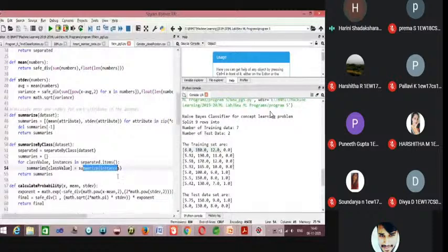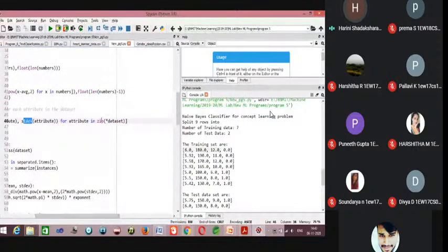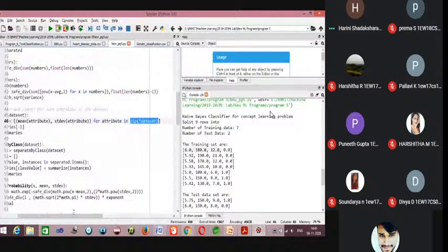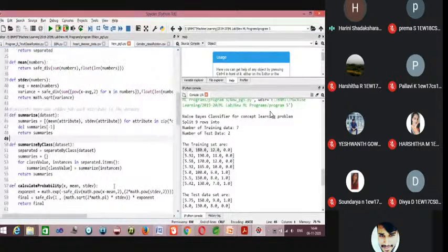So what is your summarize going to do? It is going to call mean and standard deviation for each of the attributes in zip of your data set. The zip, like you compress and put them together, is very similar to that. Your zip is going to consider the whole data set we have.